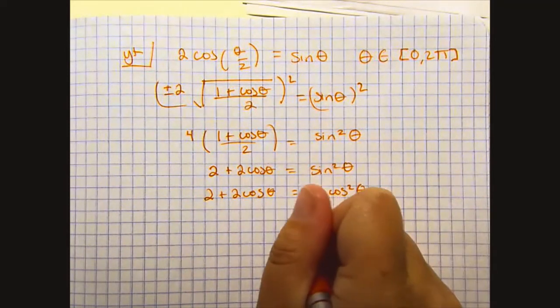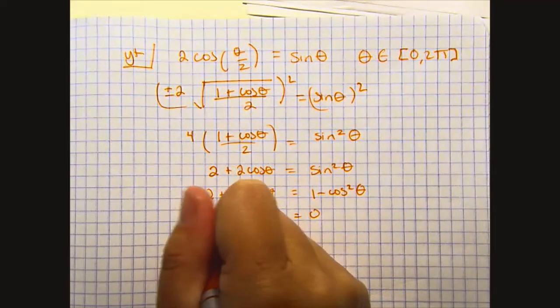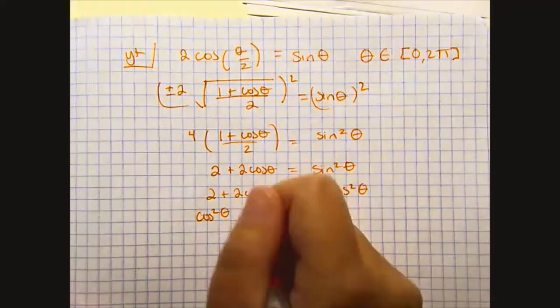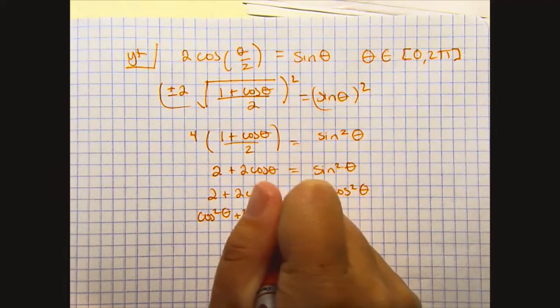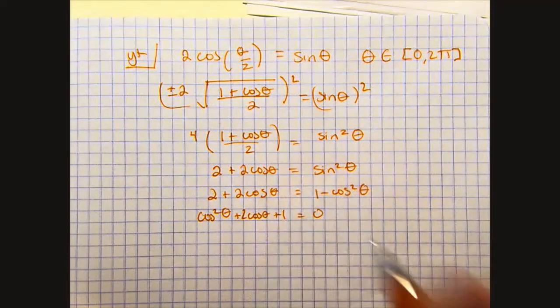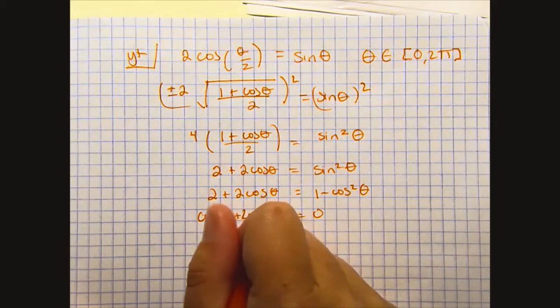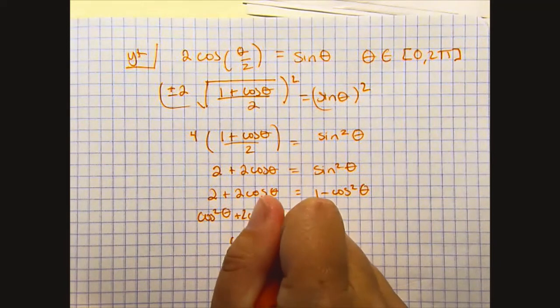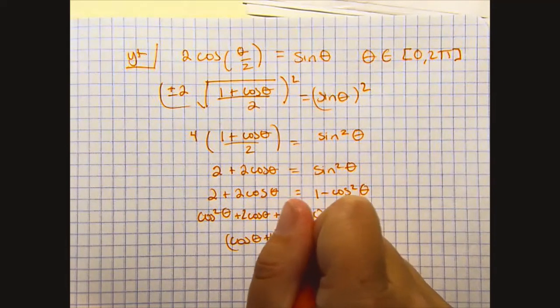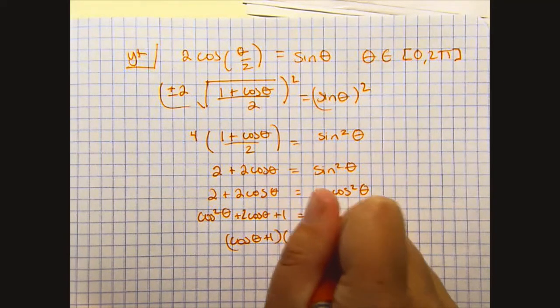I'm going to set this equal to 0, and I get cosine squared theta plus 2 cosine theta plus 1 equals 0. This simplifies to be cosine of theta plus 1 squared. I'll write it out, why not?